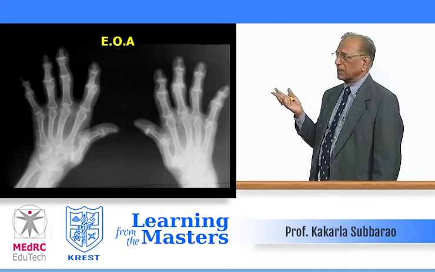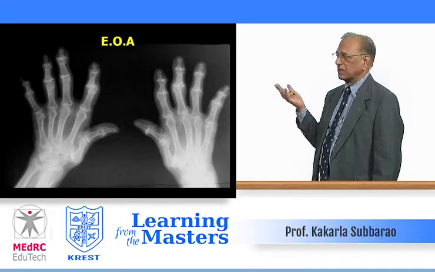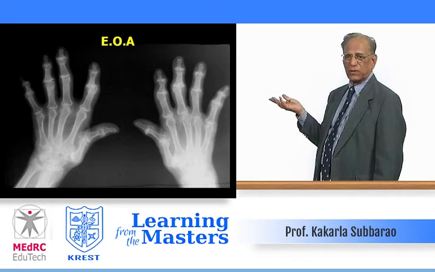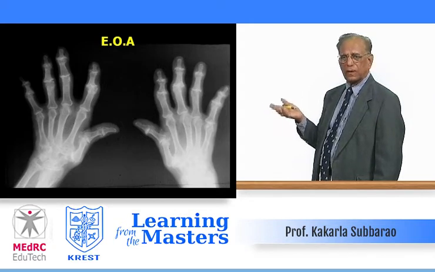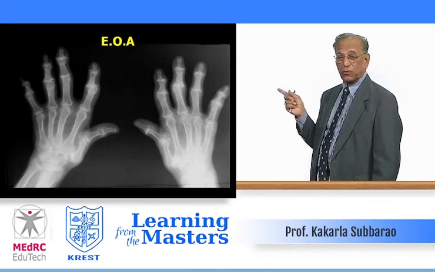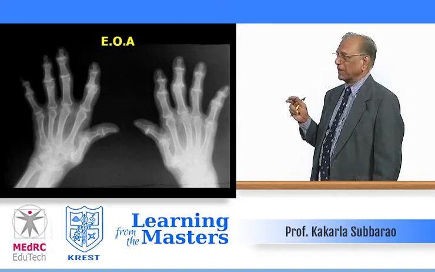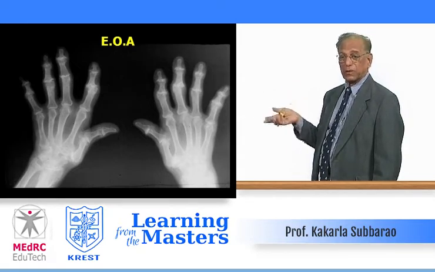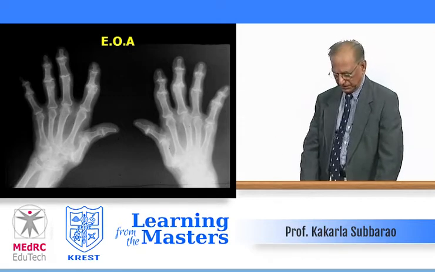But these erosions are mainly in the proximal and distal interphalangeal joints, and metacarpophalangeal joints are rarely involved. And you don't get para-articular osteoporosis, which you get in rheumatoid arthritis. That's the importance. And of course, the first carpometacarpal joint is also involved in this.